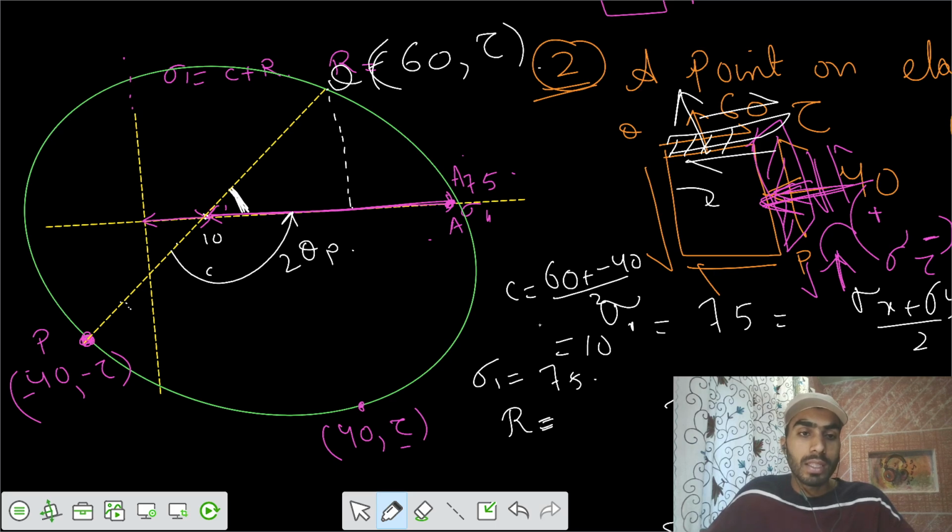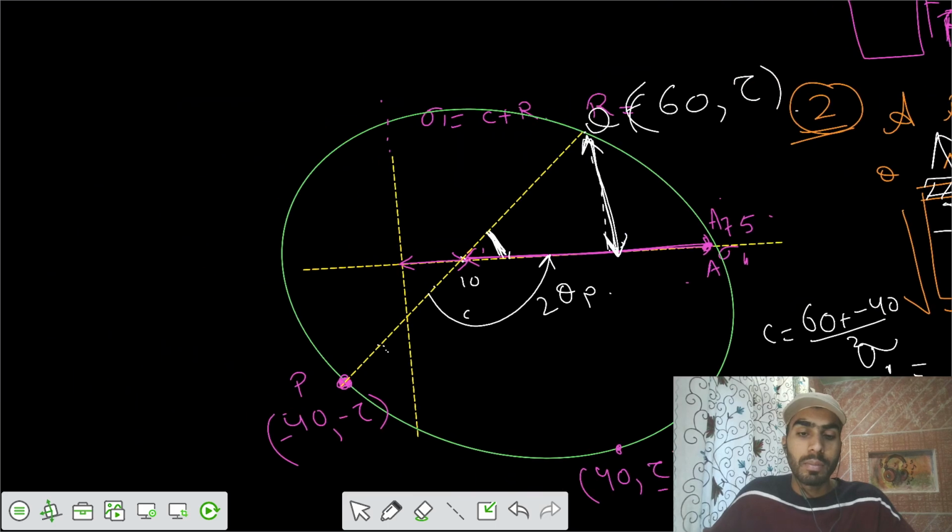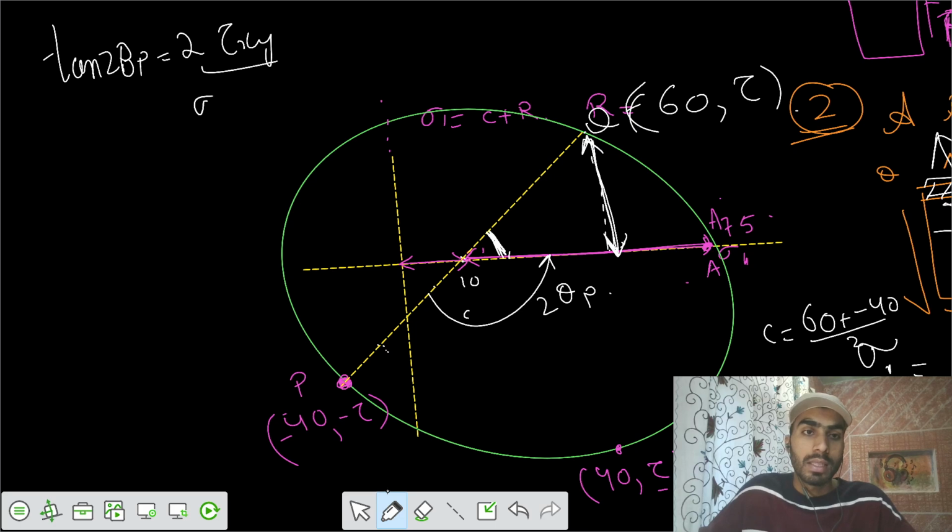Then if you get this angle, you can calculate the tau value here. So you can write tan 2 theta p equals 2 tau xy by sigma x minus sigma y. But the thing is that you don't know the value of tau xy.